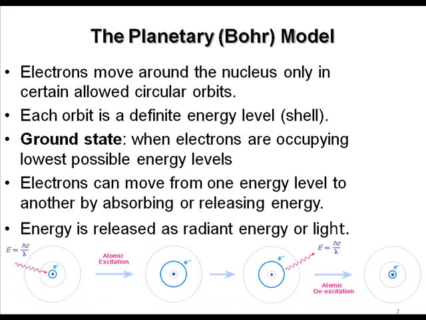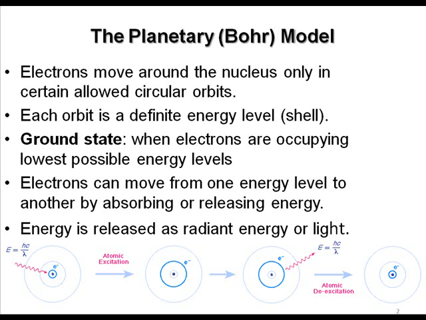Here is a diagram or picture of what we just described. We can see here that there is an electron in the inner circle in blue, and energy is given to that electron, and the electron enters a state of excitation.